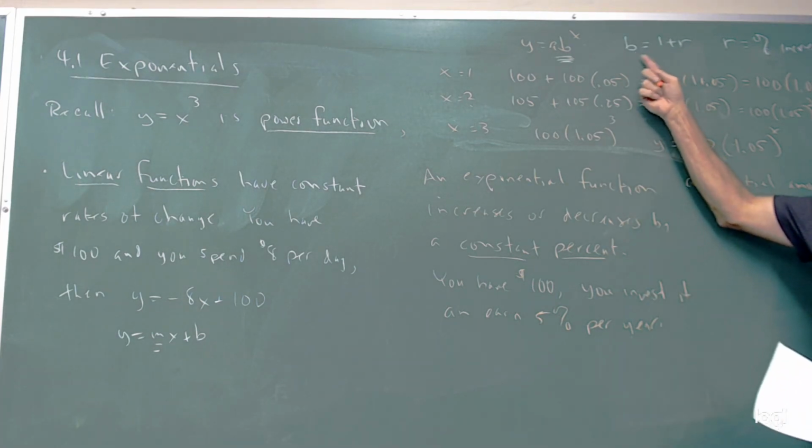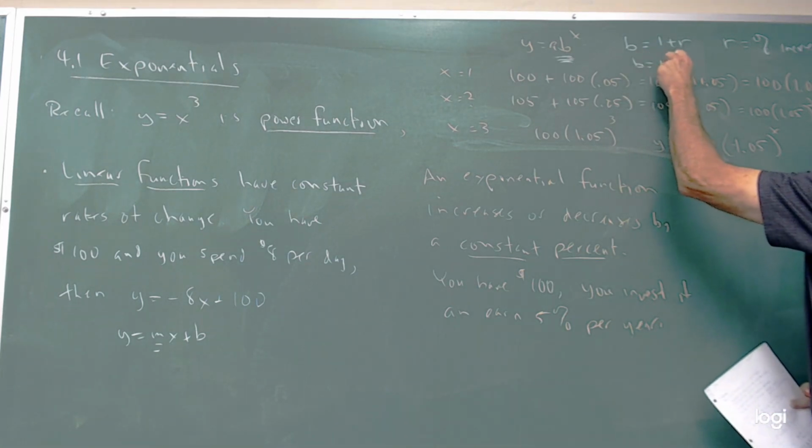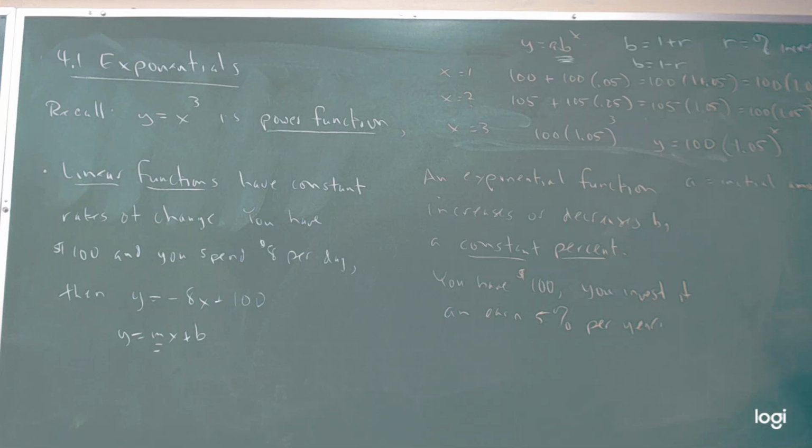And if this b is less than 1, then b is 1 minus r. So it's also telling us by what percent it is decreasing each time, whatever the time value is for x. Does that make sense? This is something we're going to build on and talk a lot about here.